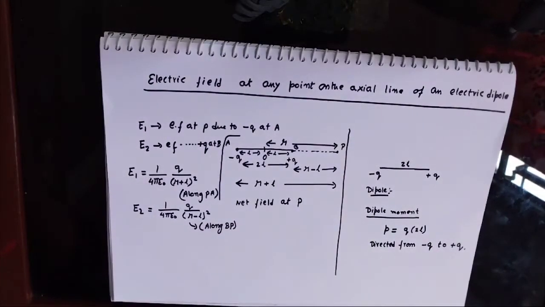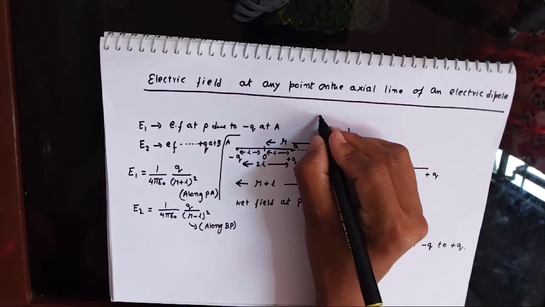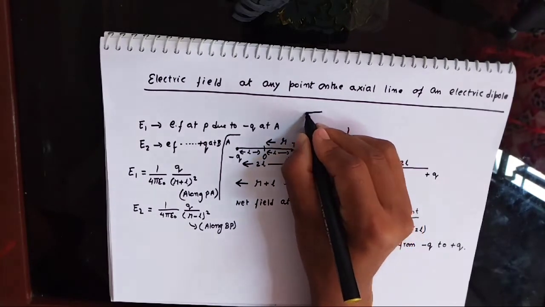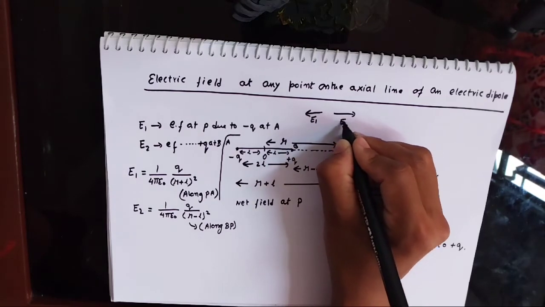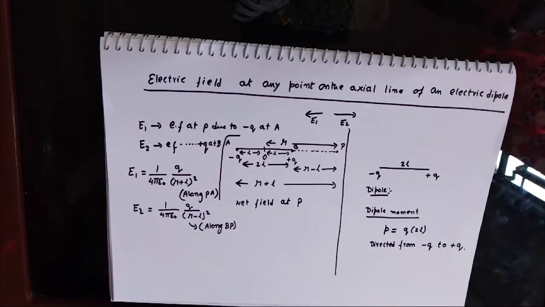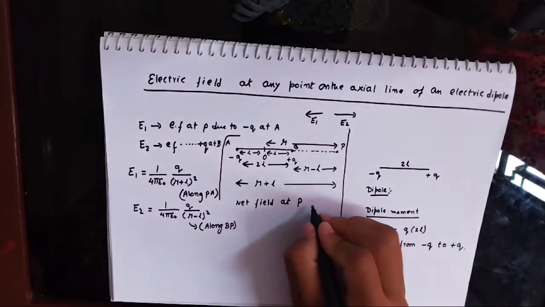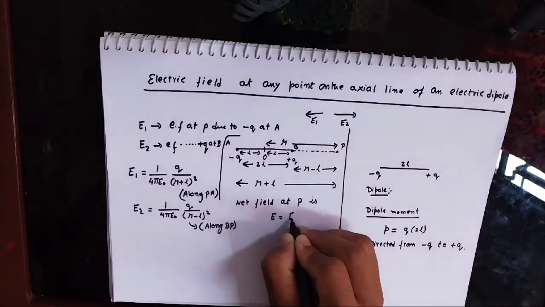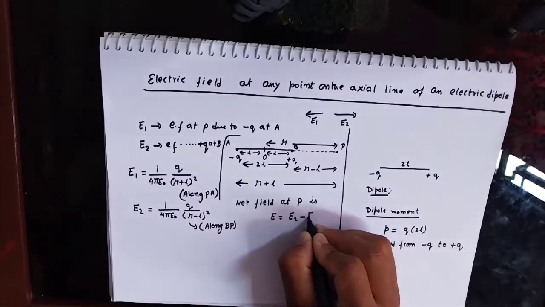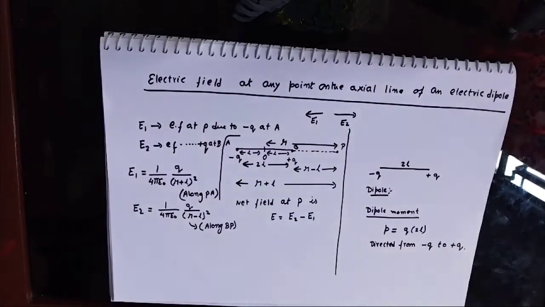Okay. So as we have noticed from here, the electric field E1 is in this direction, and the electric field E2 is in this direction. Okay. They are opposite to one another. So therefore, the net field at P is E equal E2 minus E1. Why E2 minus E1?